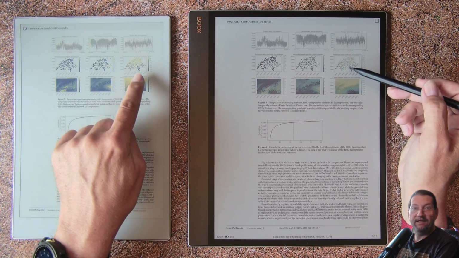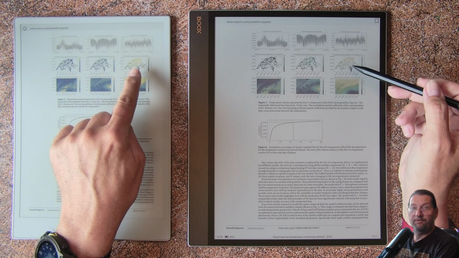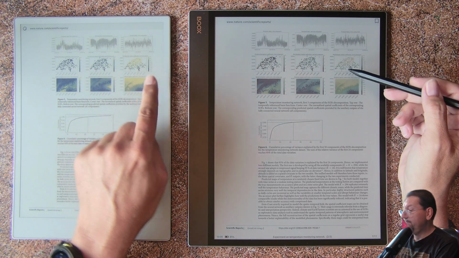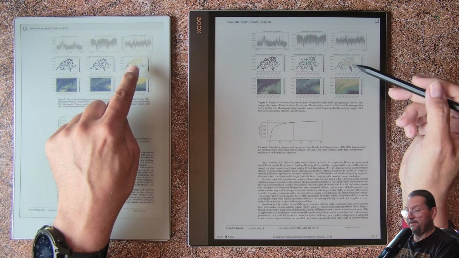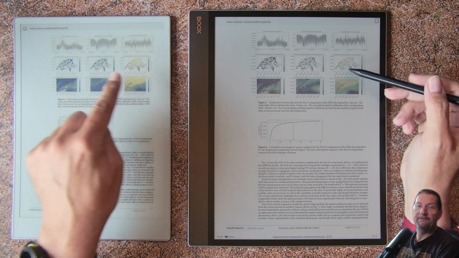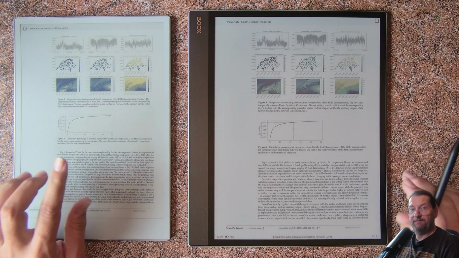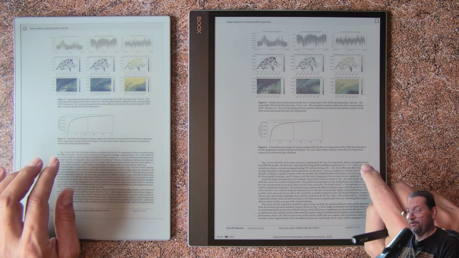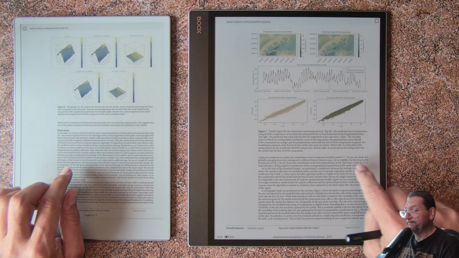And especially in this graph, it is much better visible, because here the yellow points even go over the other, I would say blue-gray, whatever, background, and here it's a little bit washed out. So color rendering is more balanced and closer to what you would expect on a printout, but I think the Onyx Boox Tab XC does a great job in comparison.